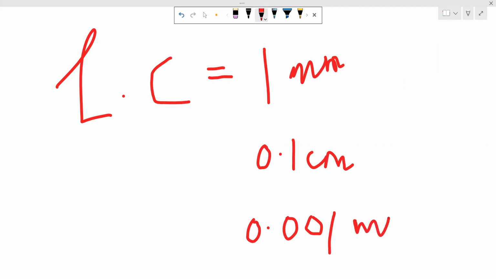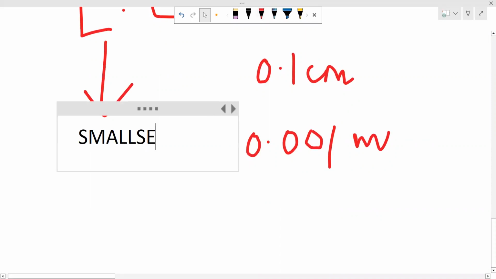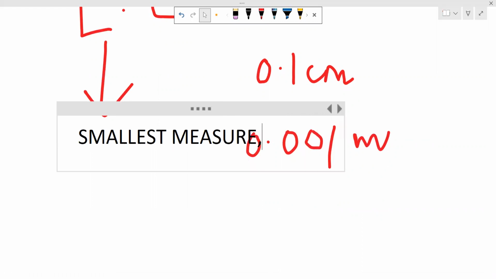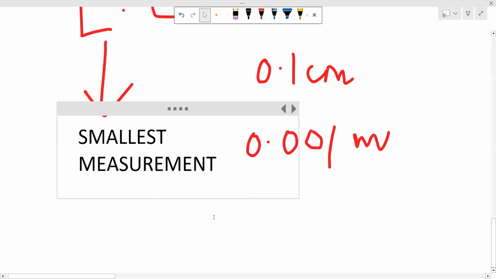This is the smallest measurement. The smallest measurement is called the least count.